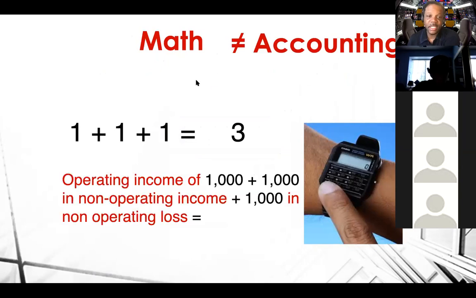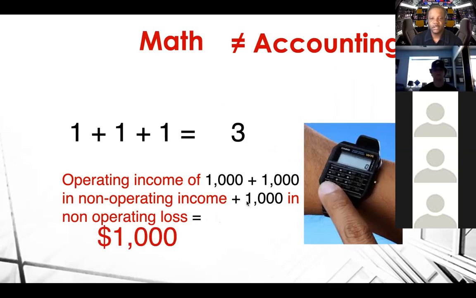In accounting, if we have operating income of 1,000 plus 1,000 in non-operating income plus 1,000 in non-operating losses, what would be the answer there? 1,000. Uh-huh. 1,000.